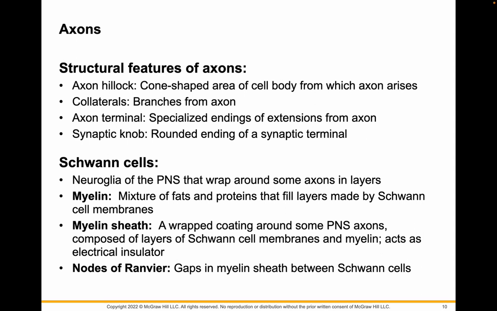Schwann cells are a type of neuroglia only in the peripheral nervous system, so only in sensory neurons and motor neurons. And what Schwann cells do is they wrap around, kind of like a tortilla, they wrap around the axon, and they're very fatty, and they create what's called myelin, which is a mixture of this fat and protein that fills these layers by the Schwann cell membrane.